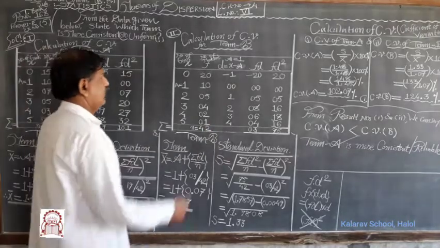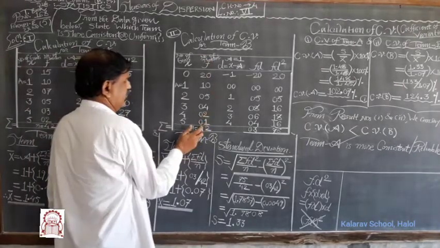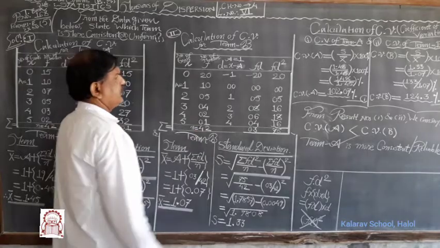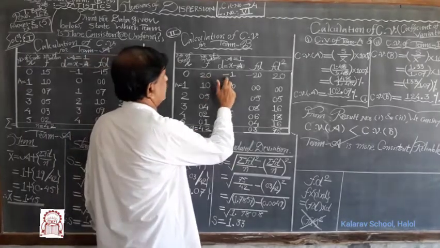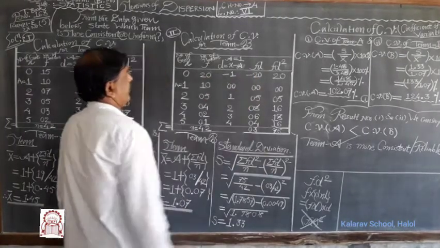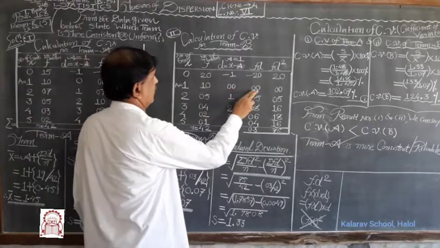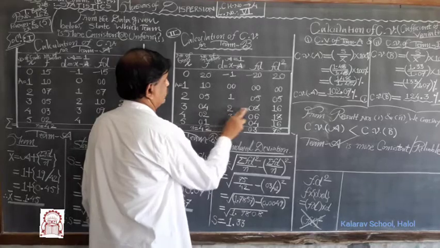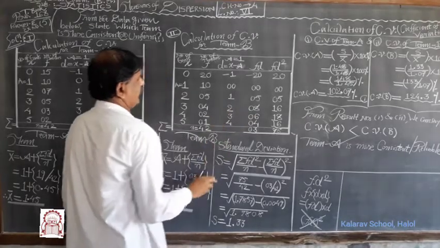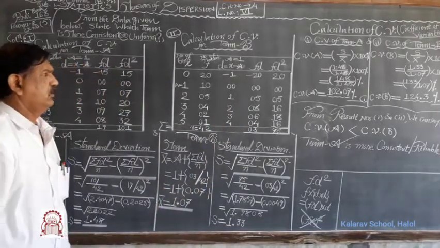Frequency total 42. 20 into minus 1, minus 20; 10 into 0; 5 into 1, 5; 4 2s are 8; 2 3s are 6; 4 into 1, 4.